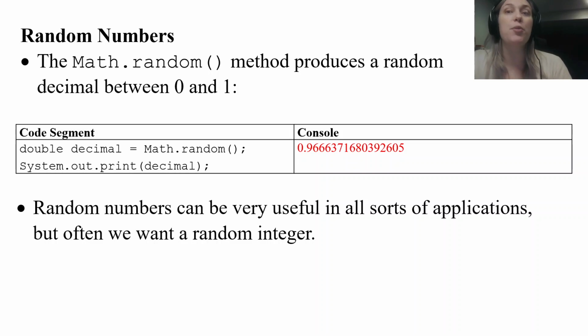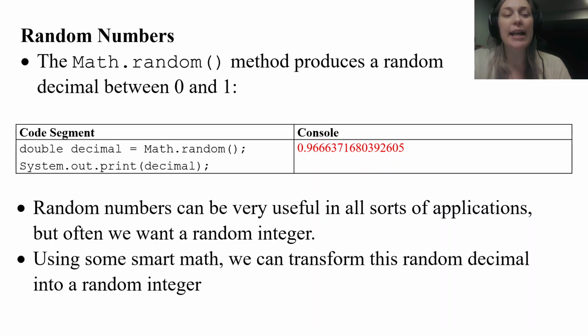Random numbers in our program are very useful. We'll see a lot of different situations where we need to produce a random number, but often we don't care about that random decimal. We want some sort of random integer to appear. And using some smart math, we can actually transform this random decimal into a random integer.